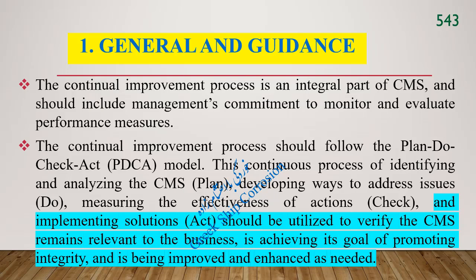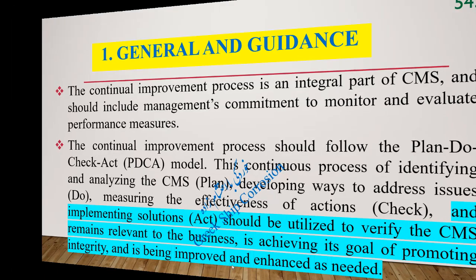This continuous process of identifying and analyzing the CMS (plan), developing ways to address issues (do), measuring the effectiveness of actions (check), and implementing solutions (act), should be utilized to verify the CMS remains relevant to the business, is achieving its goal of promoting integrity, and is being improved and enhanced as needed.